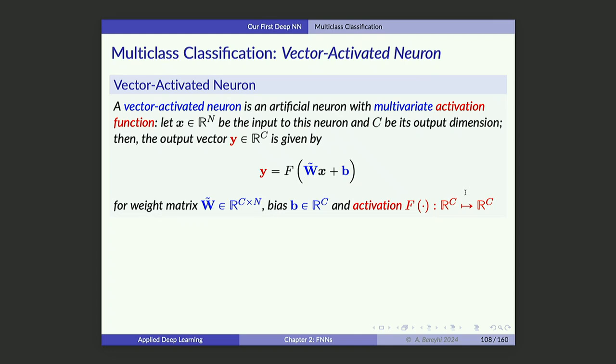In some texts you can see this vector-activated neuron, but some people don't call it that. I would call it that because it's of the same nature. So what is a vector-activated neuron? It's again an artificial neuron, but the only difference is that instead of computing one single number as the output, it's now computing a vector as the output.